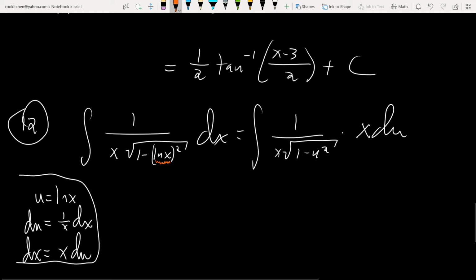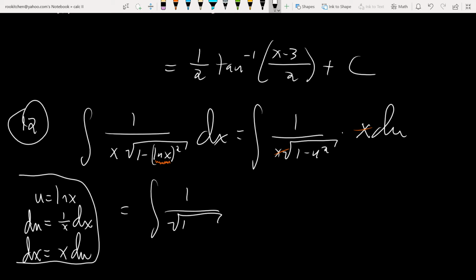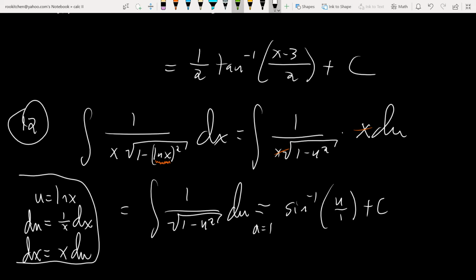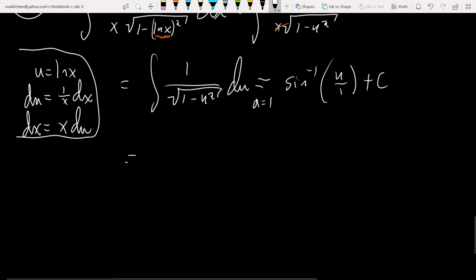So it's no longer the secant form, but rather it's an inverse sine form. So don't jump to any conclusions. Let the math tell you what to do. So 1 minus u squared du, and that's going to have an a value of 1, so arcsine or sine inverse of u over 1 plus c, and then you can back sub, simplify, and you have your answer. Sine inverse of ln of x plus c.